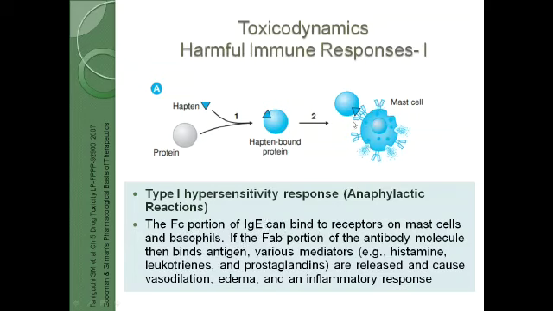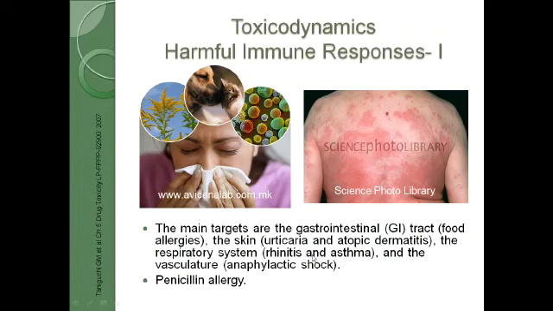And if the Fab portion of the antibody molecule you see here binds the antigen presented by this protein, then what will happen? Various mediators will be released and cause vasodilation, edema, increased permeability, and inflammatory response.